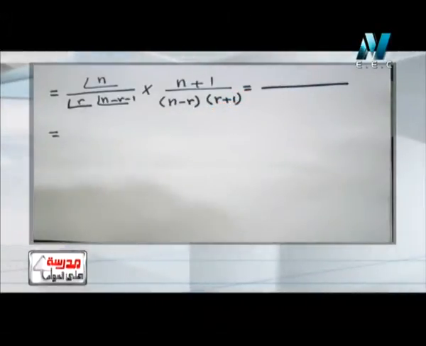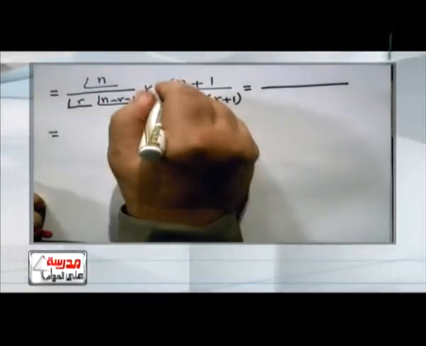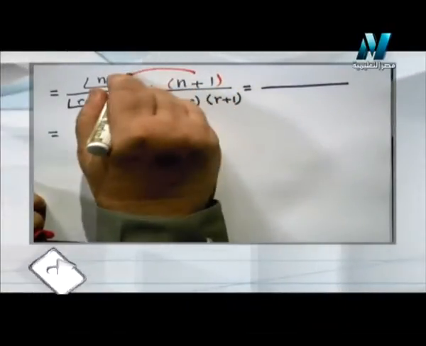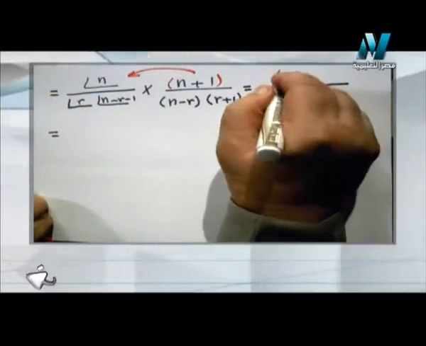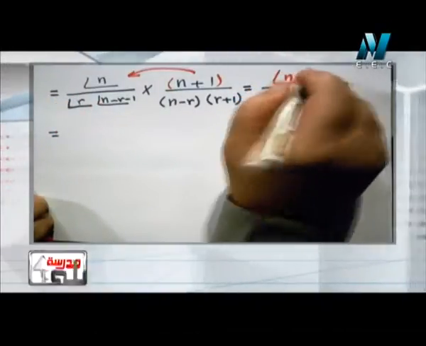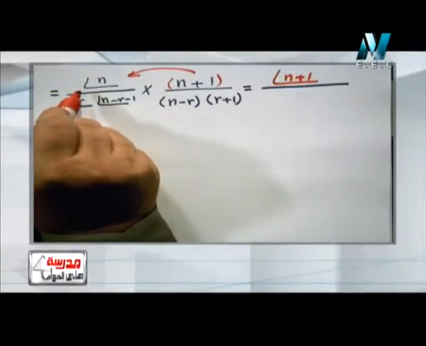My dear, look, we have N plus 1 multiplied by factorial N, then we can write this as factorial N plus 1. N plus 1 multiplied by factorial N is factorial N plus 1.